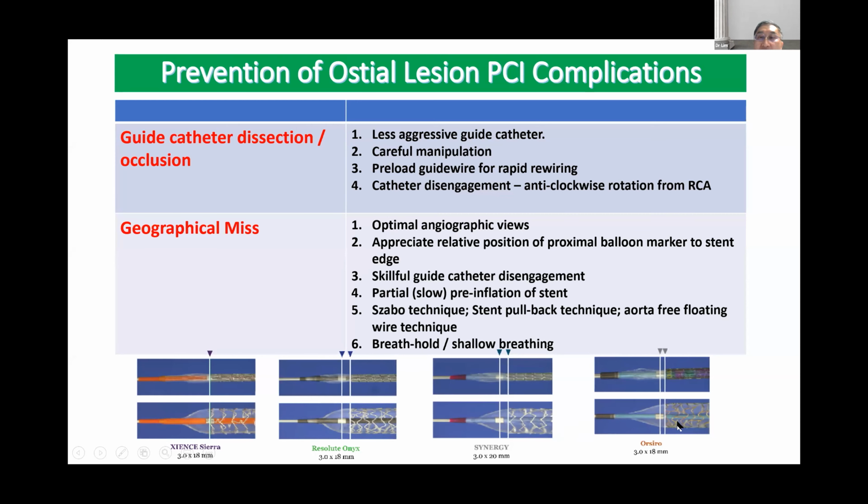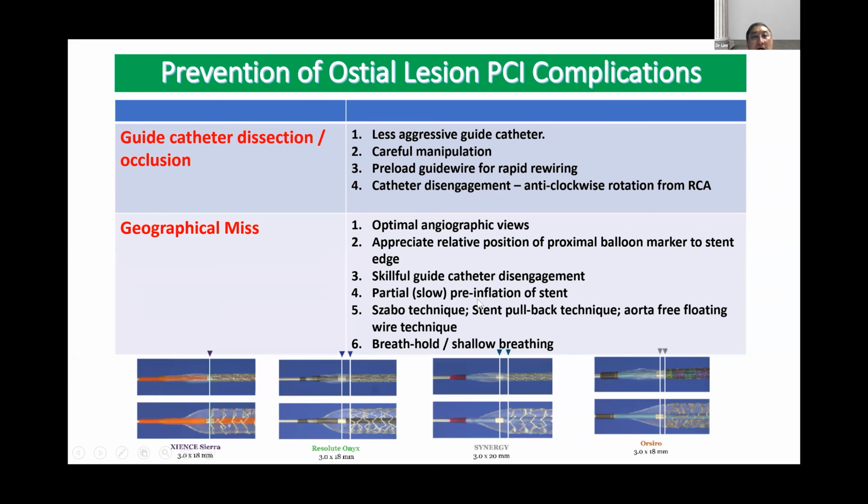Most of the other stents, there is a short distance between the center of the balloon marker and the edge of the stent. So we should take a good look at the stent before we advance the stent in for the ostial stenting.